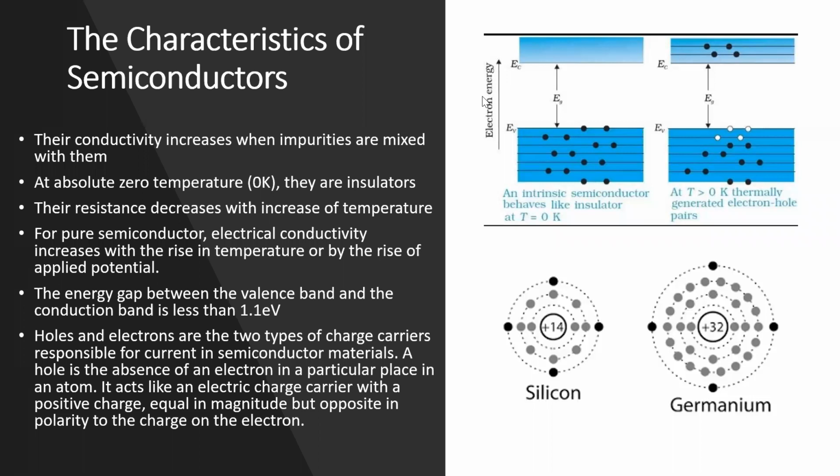Thermally generated electron hole pairs are formed. So if you increase the temperature, the electrons in the valence band will get some energy. So what happens? They will jump to a higher energy level.